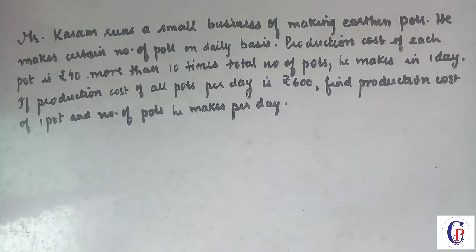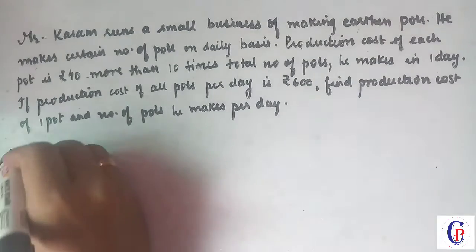He makes a certain number of pots on a daily basis. Production cost of each pot is rupees 40 more than 10 times the total number of pots he makes in one day. If production cost of all the pots per day is 600 rupees, find the production cost of one pot and the number of pots he makes per day.